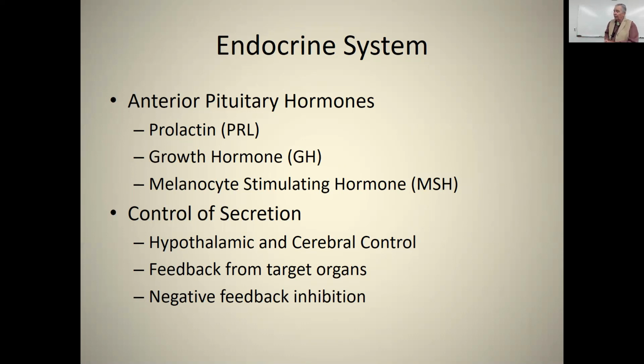And then, of course, there's negative feedback inhibition. All of these hormones have negative feedback inhibition, where once these hormones build up, they have target cells in the hypothalamus and the anterior pituitary, and they turn down the secretion of the releasing hormones and the stimulating hormones to turn down their own concentration in the blood.